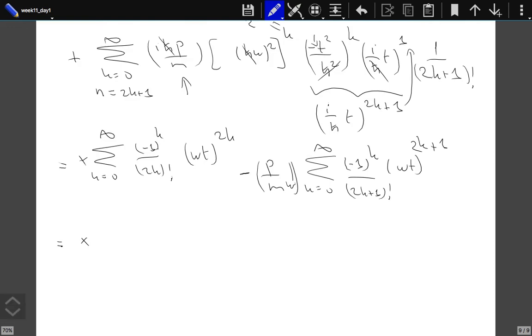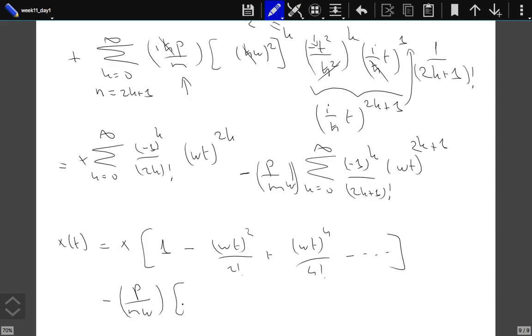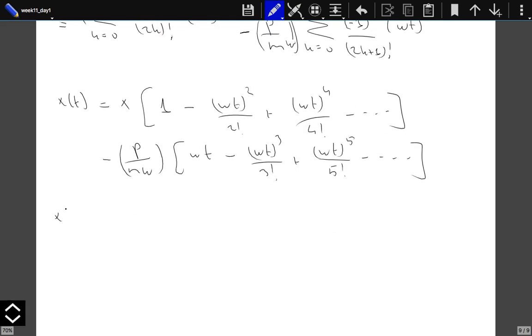This is equal to x times... x of t is equal to x times, well, if you would write it explicitly, the first sum, the k equal to 0 term is 1 minus (ωt)² over 2 factorial plus (ωt)^4 divided by 4 factorial minus etc. Minus p over mω times the k equal to 0 term is ωt minus (ωt)³ over 3 factorial plus (ωt)^5 divided by 5 factorial minus etc. So x of t is equal to x, this is at t equal to 0.